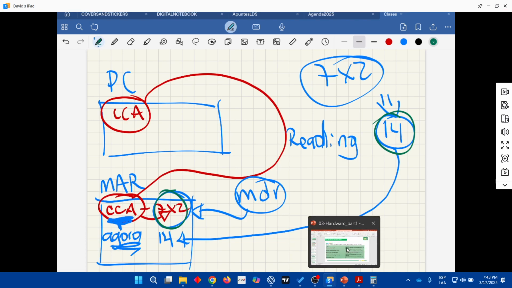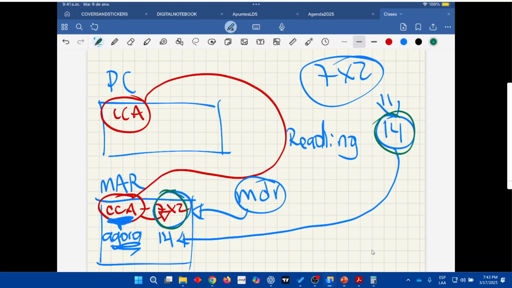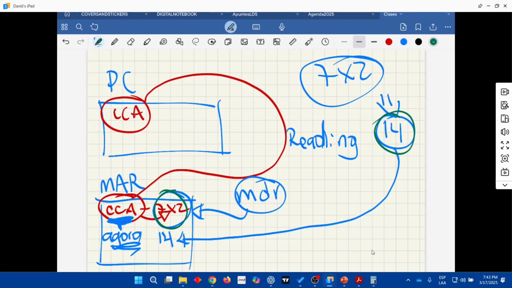Right? Okie dokie. Now we have the current instruction register, the CIR. This one holds the current instruction that is being executed. Okay, so let me show you here once again.